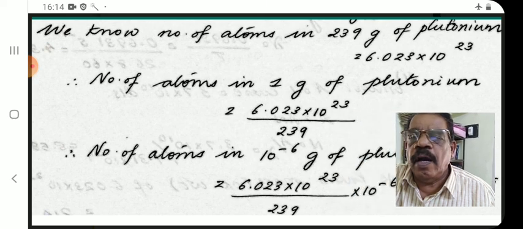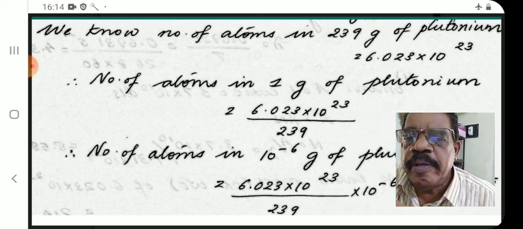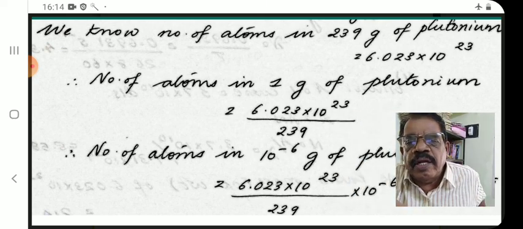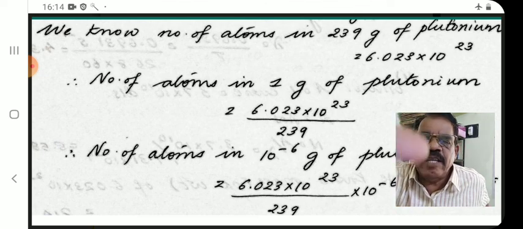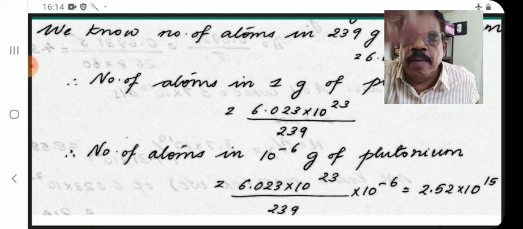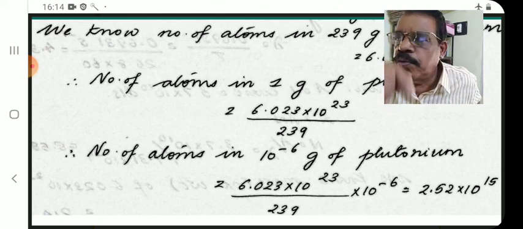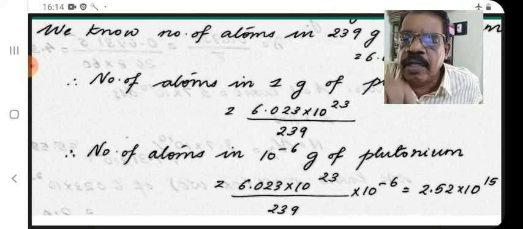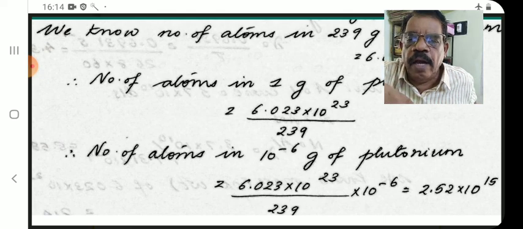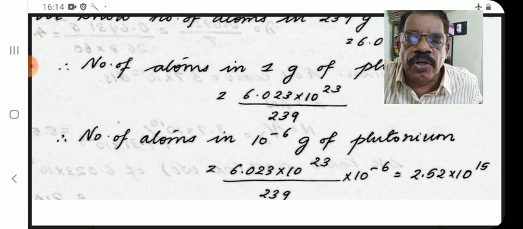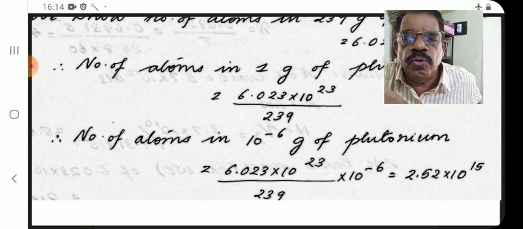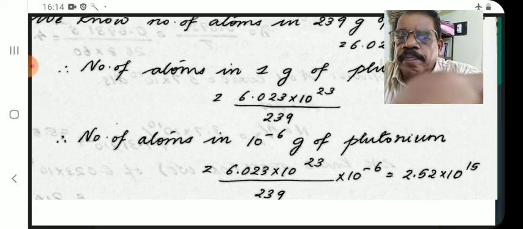Therefore, number of atoms in 1 gram of plutonium is 6.023 into 10 raised to 23 by 239. Therefore, number of atoms in 10 raised to minus 6 gram of plutonium, 10 raised to minus 6 gram is 10 raised to minus 9 kilogram, is equal to 6.023 into 10 raised to 23 by 239 into 10 raised to minus 6, which is 2.52 into 10 raised to 15.